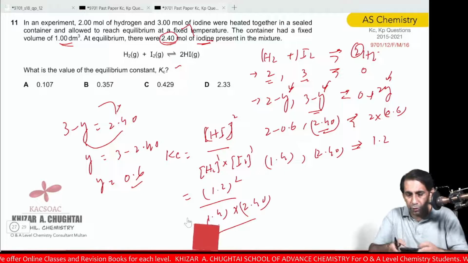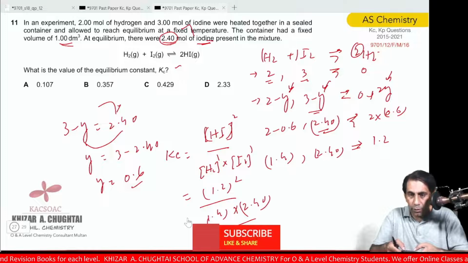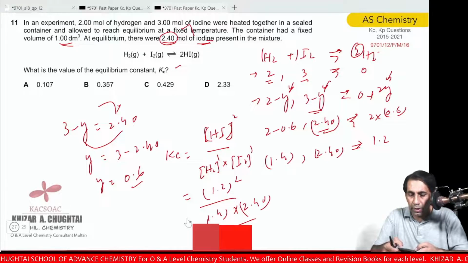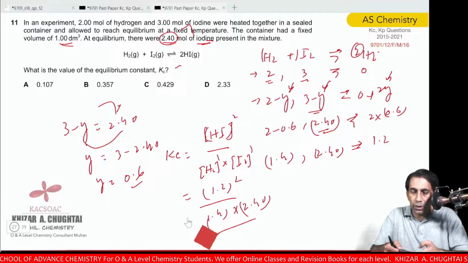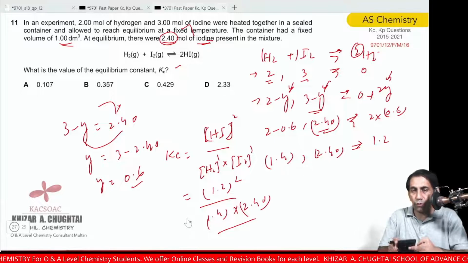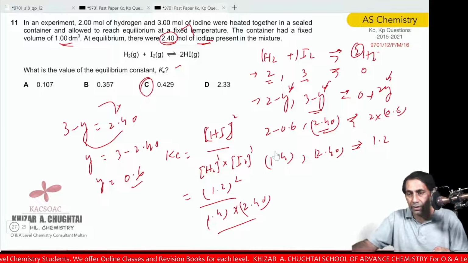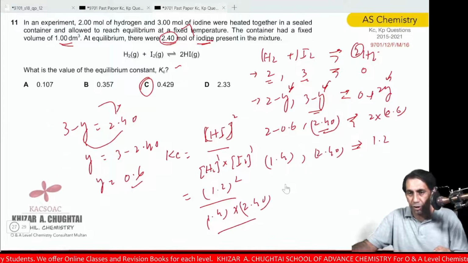So I'm going to write it over here, 1.2 square divided by 1.4 multiplied by 2.4. And the answer is 0.249. Yes, C is the correct option.